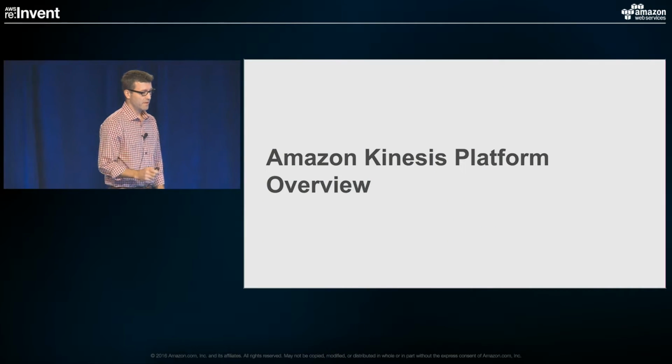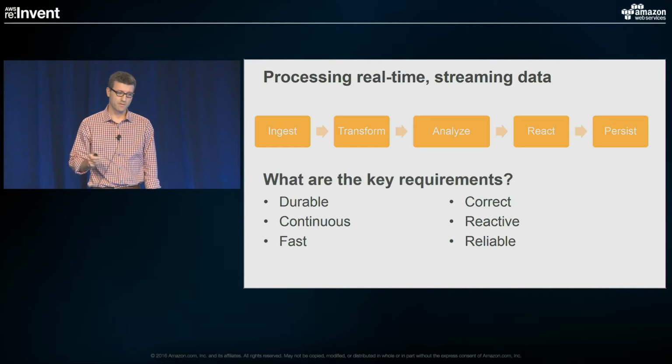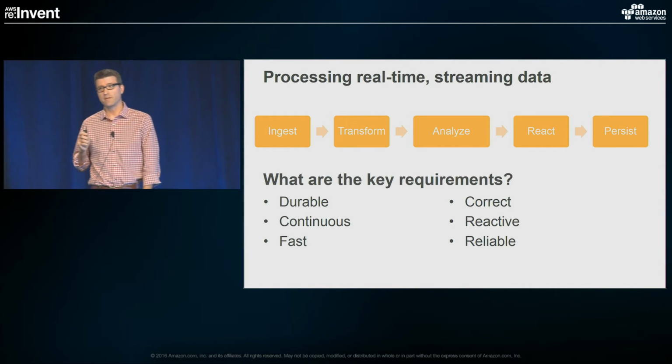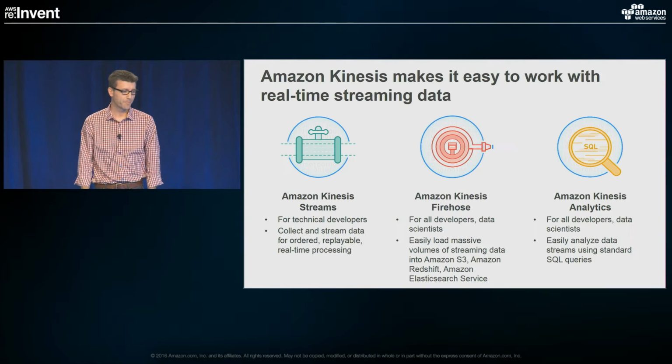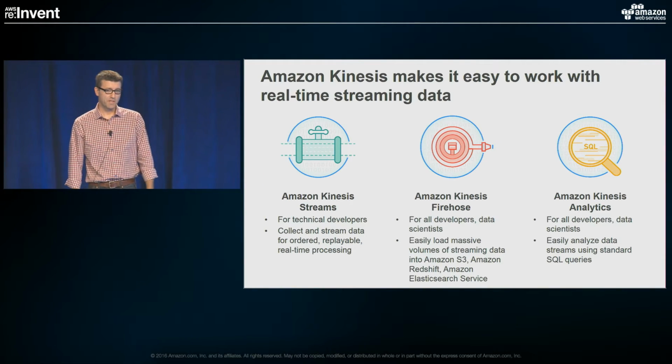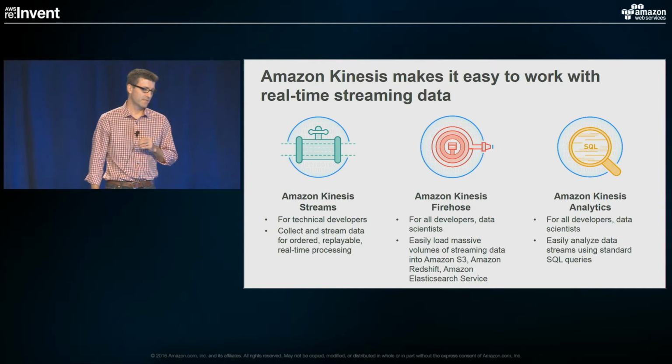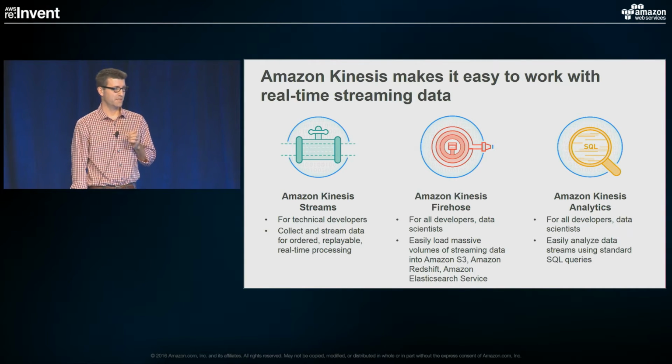So let's take a look at Kinesis, how you can build a real-time streaming data platform using the suite of Amazon Kinesis products. As I mentioned, Amazon Kinesis comprises 3 different products today.